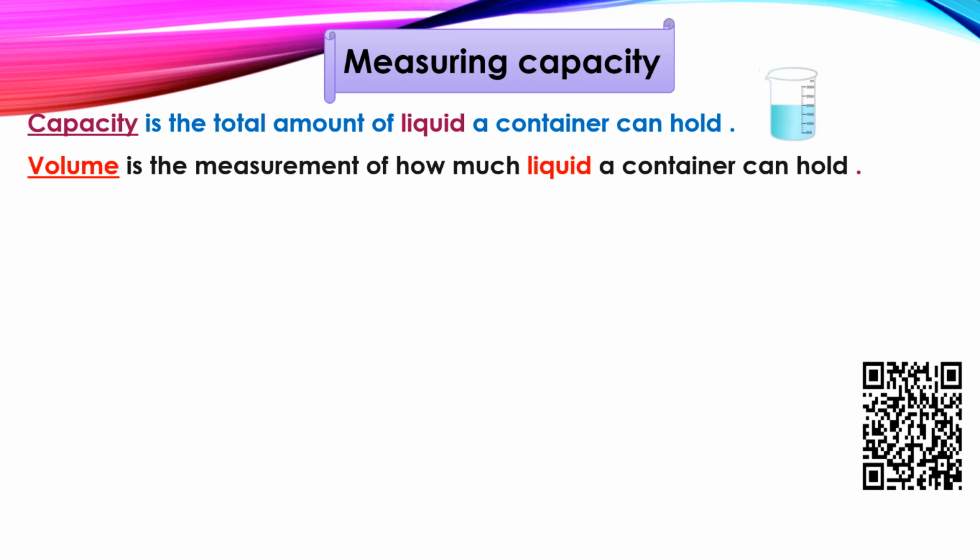Volume is the measurement of how much liquid a container can hold. So, the capacity is the total amount of liquid. Here in this container, we wanted to measure this total amount of liquid. Okay? And capacity has units.